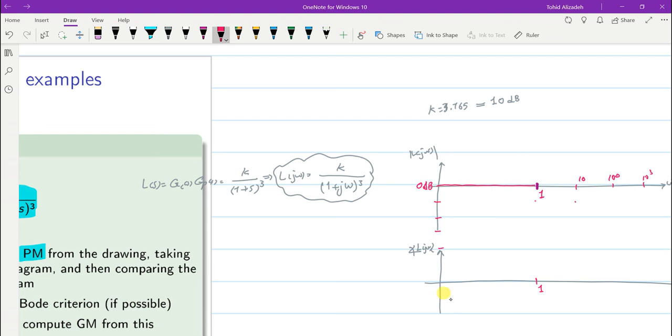We'll have minus 20 decibel per decade for each term. So we'll have 3 terms like this, and we will have a single term with a value of 10 decibel.